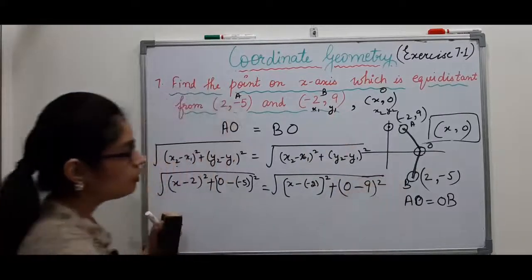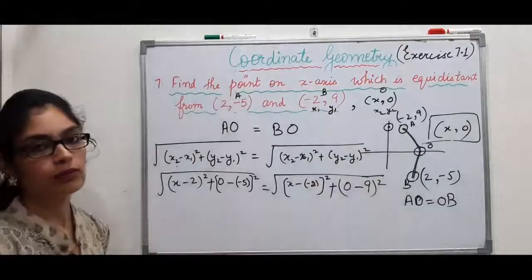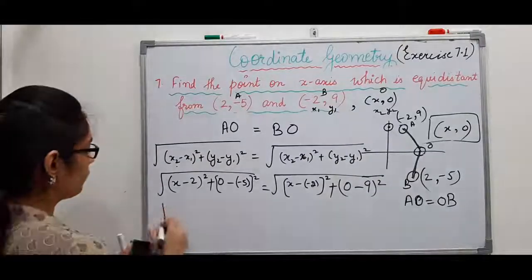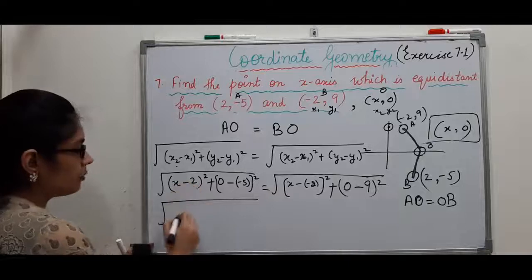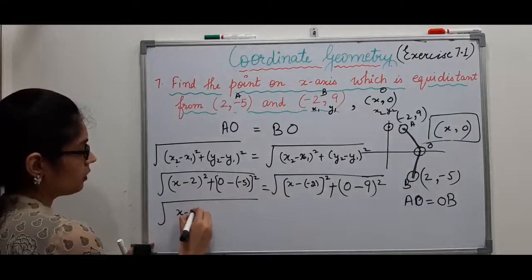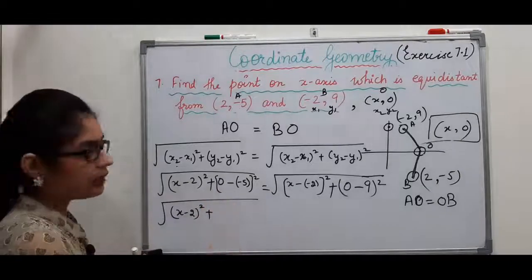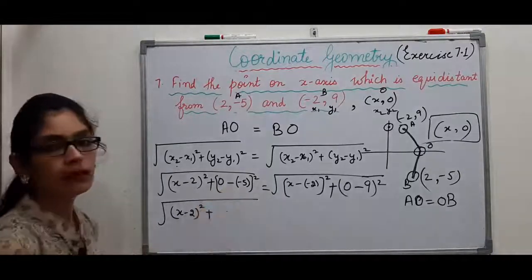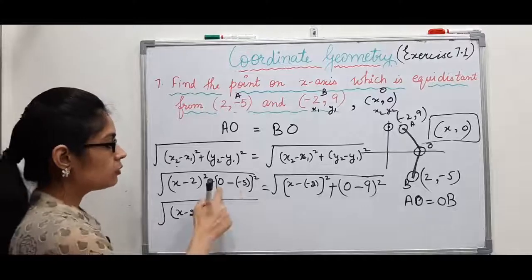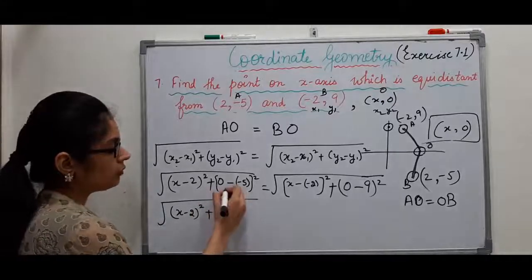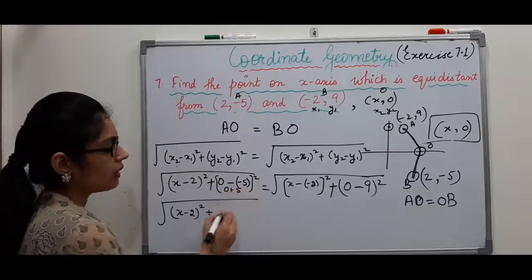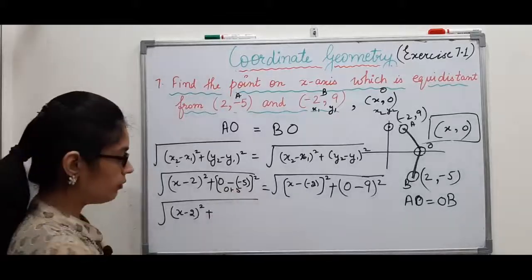So I have just substituted the values of x1, y1 and x2, y2. Now x minus 2 whole square plus, so 2 minus signs are together, so minus and minus it will be plus, so it will be 0 plus 5. So 0 plus 5, so directly we can write 5.